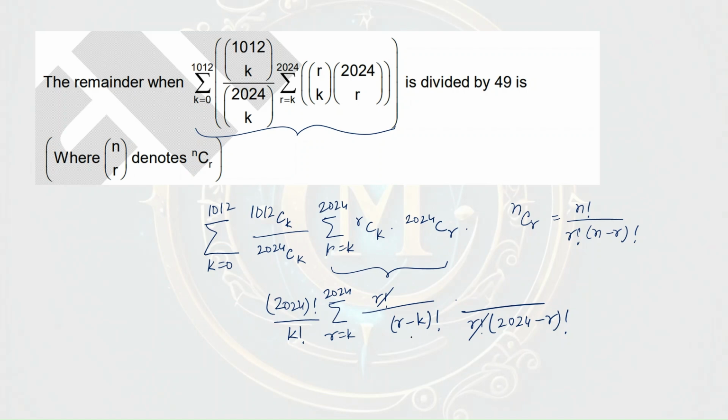Now here we are left with two terms. Now somehow we need to create a binomial coefficient here so that we can apply the summation and further we can simplify the given series.